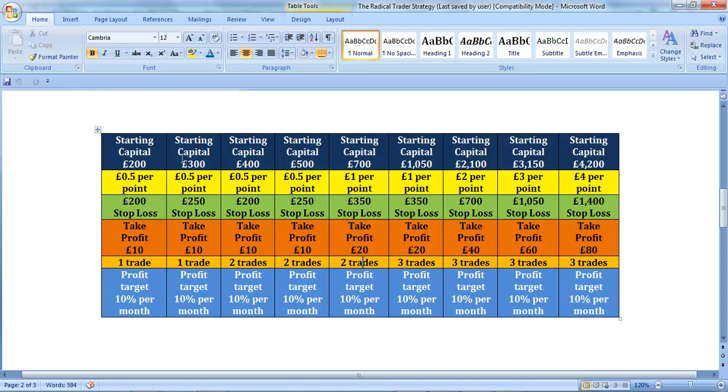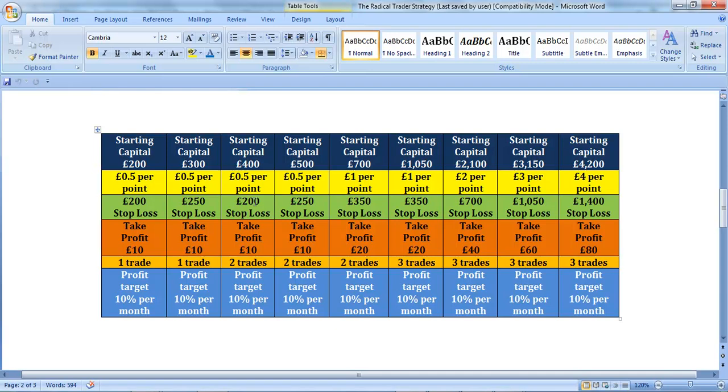Anything that you are starting below 500 pounds, we all know that is going to be 0.5 as in stake. Instead of putting 1, you will put 0.5.